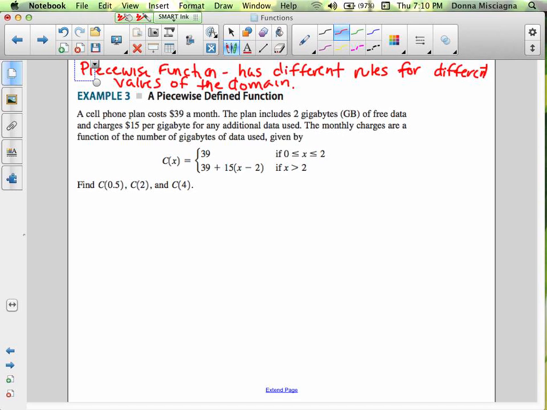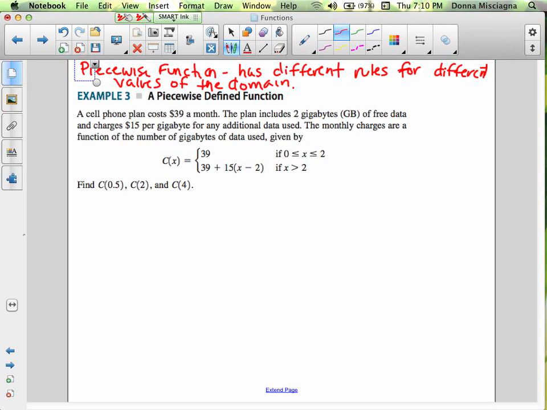So here, for instance, we have a piecewise function, C of x equals 39, and that's valid if x is between 0 and 2.